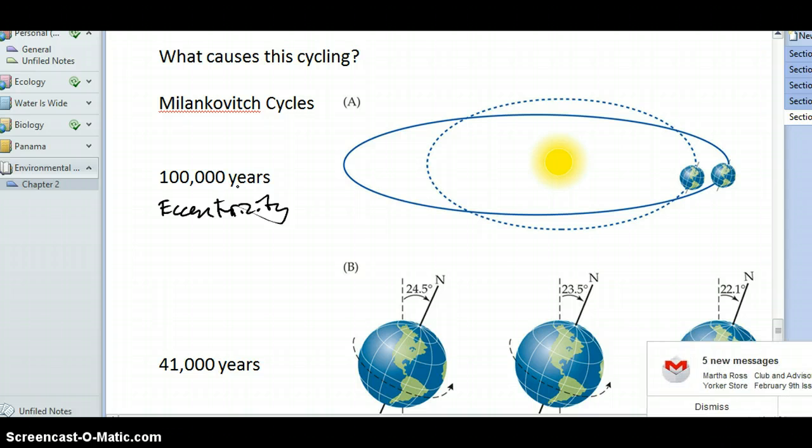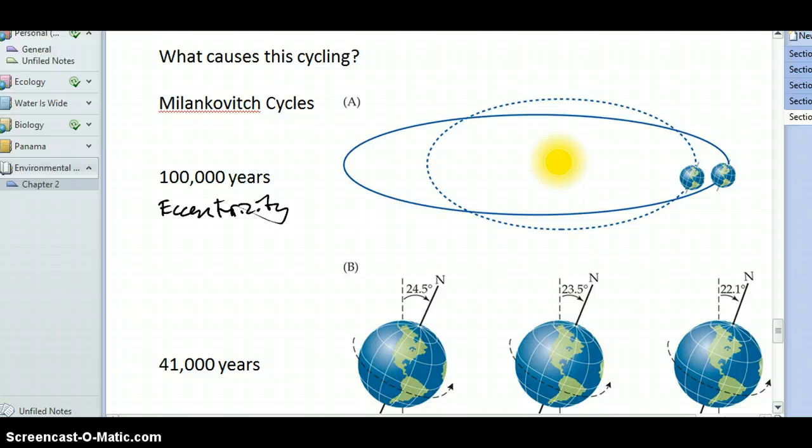Now, this image is exaggerated, but what happens is the Earth's orbit becomes more and less elliptical. At times it's almost close to being a perfect circle around the sun, and then other times it becomes more elliptical over time.